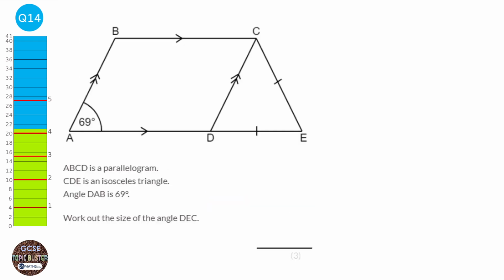We're looking for angle DEC, which is this one here, but we can't go directly there. We've got to work our way towards it. The first thing I'm going to look at is this set of parallel lines, and we've got a line going through these parallel lines, which is this line here. Therefore this angle here and this angle are going to be corresponding, so this is going to be 69 degrees.